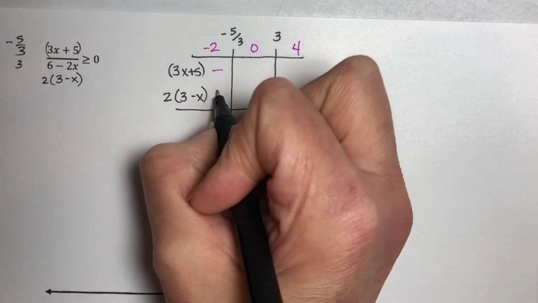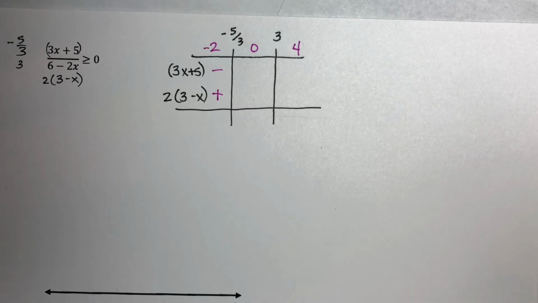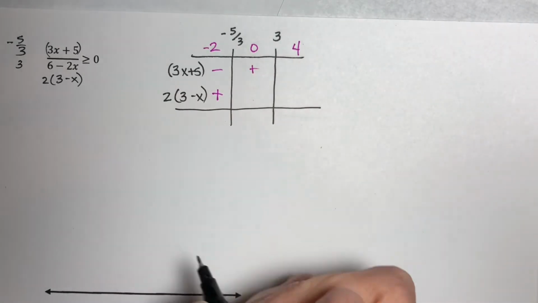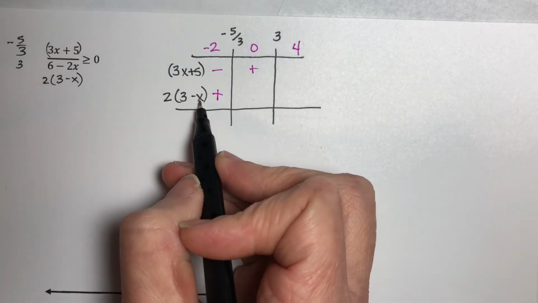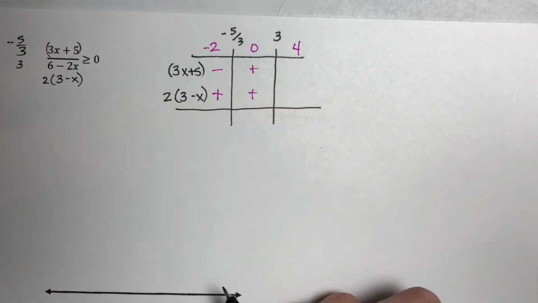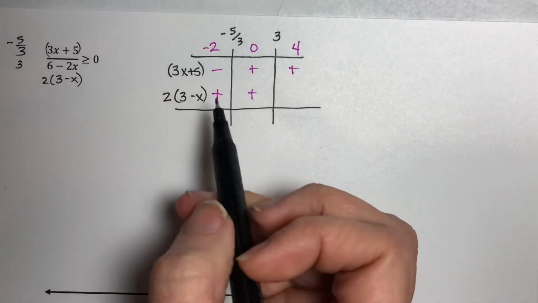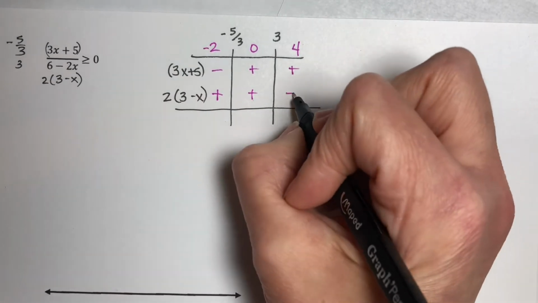So this is positive. 0 plus 5 is positive. 3 minus 0 is positive, so this is positive. 12 plus 5 is positive. 3 minus 4 is -1, so this is negative.